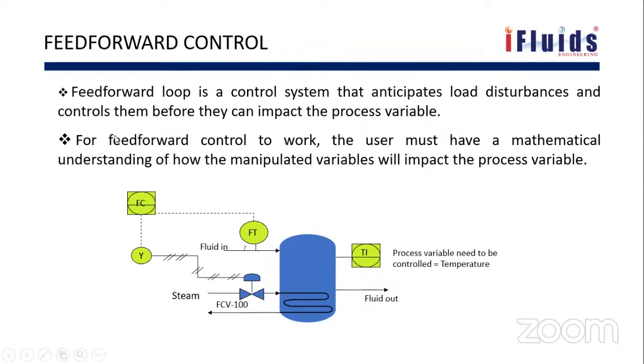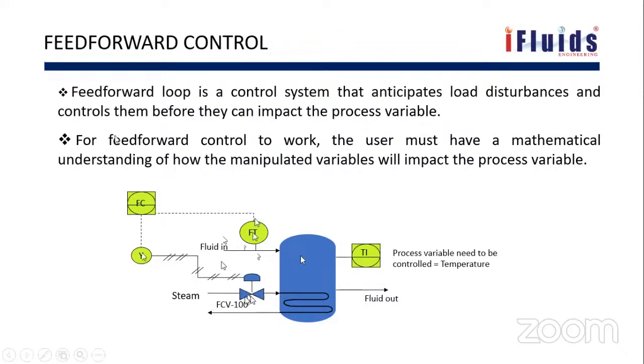If inlet flow is varying, I'll be seeing this temperature and then adjusting this steam flow. So here what happens, I am sensing the inlet flow itself. If inlet flow is varying, it automatically varies the steam flow. So if this controller is not there, what will happen? Fluid gets in, this temperature gets disturbed, and then I manually adjust the steam.